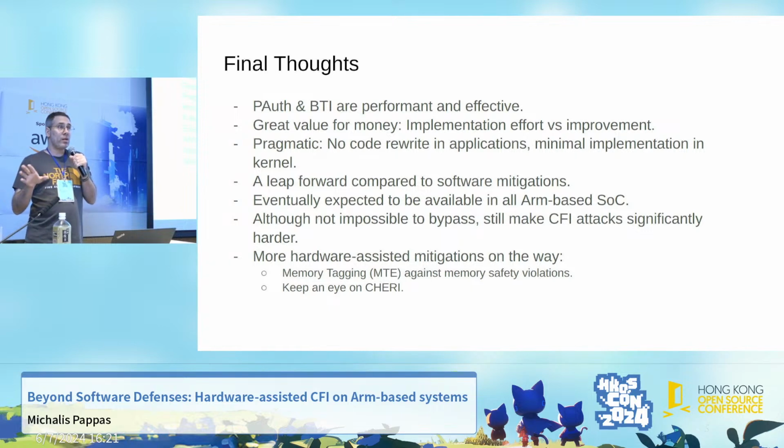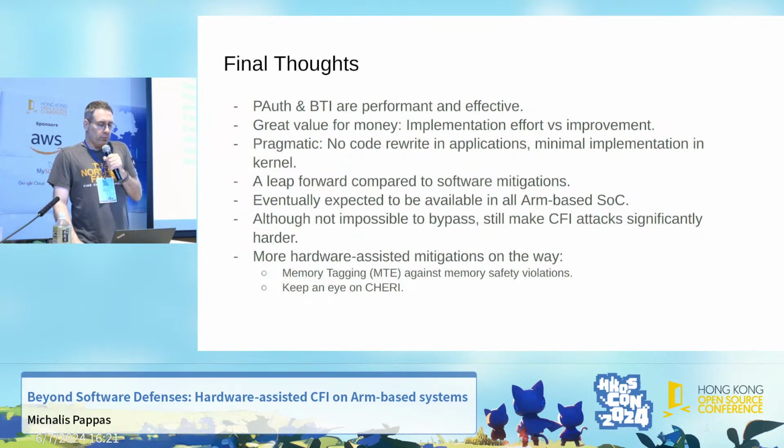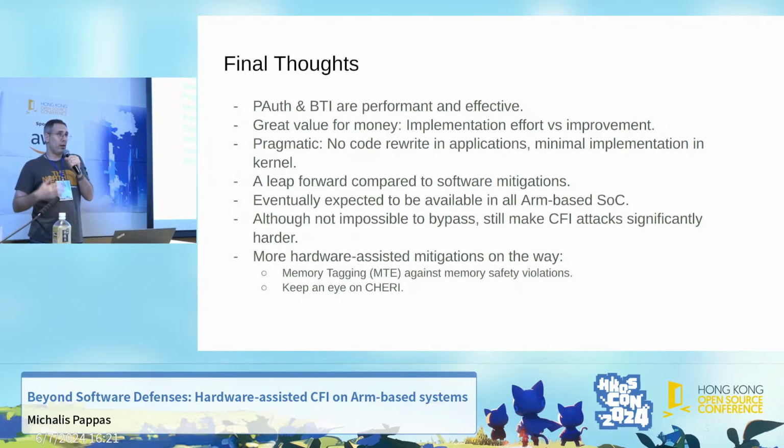Eventually, they will also be present in every ARM-based system on chip. And even though they have been proven not impossible to bypass, they're still a big improvement because they make exploitation significantly harder.